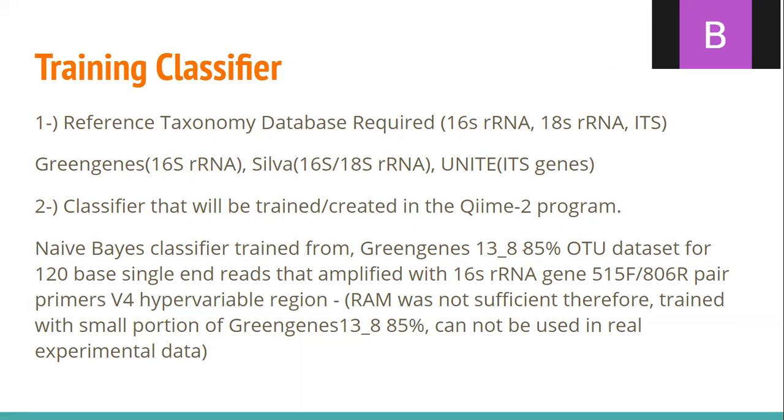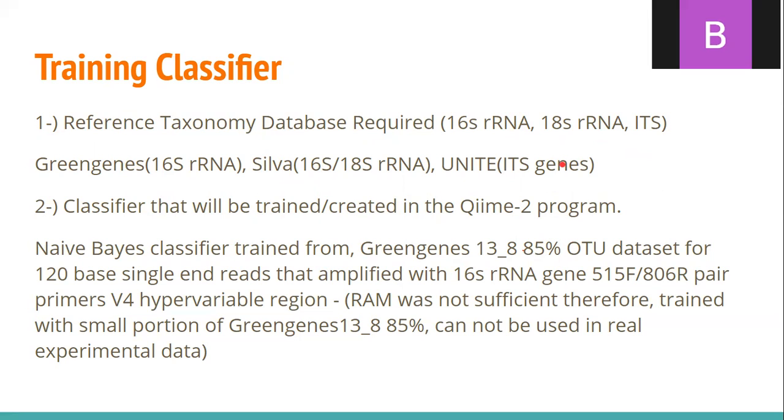What I mean is we need a database and we need the primers for the specific region we are interested in, which is V4. There are databases for 16S, 18S rRNAs, and ITS DNA. Greengenes is 16S rRNA, and Silva is 16S and 18S, and UNITE is the ITS gene, by the way.